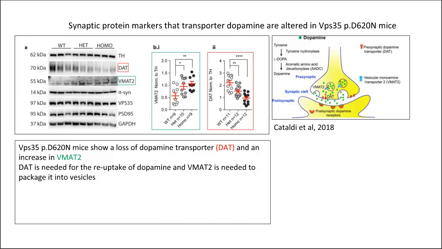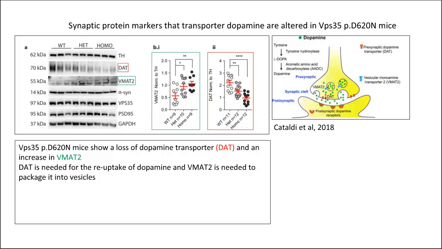This indicates that the mutation is quite specifically altering the dopaminergic neurons at the terminal, at the business end of things. However, the total number of dopamine-producing neurons was normal in mice 3 months of age.